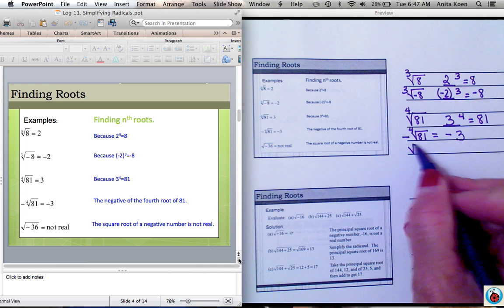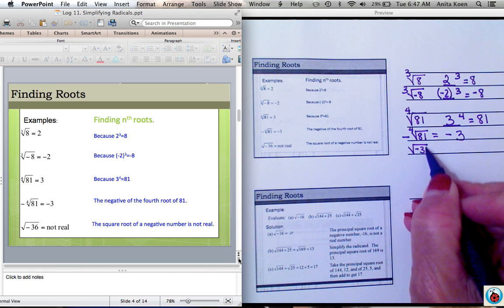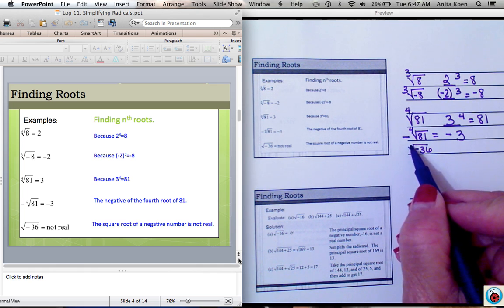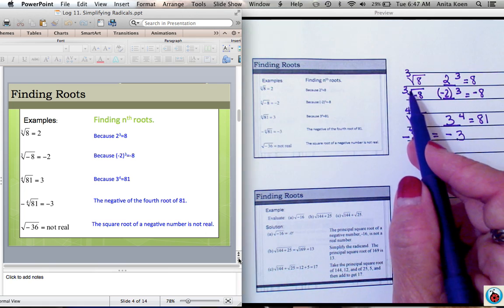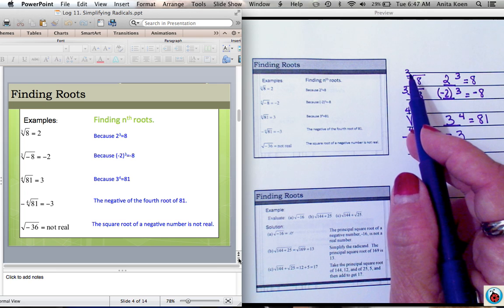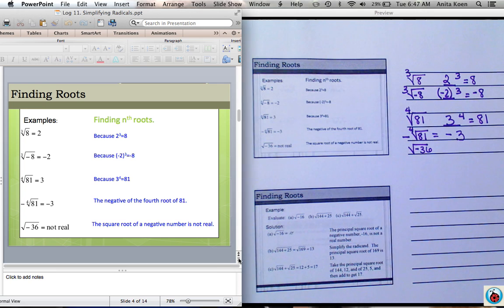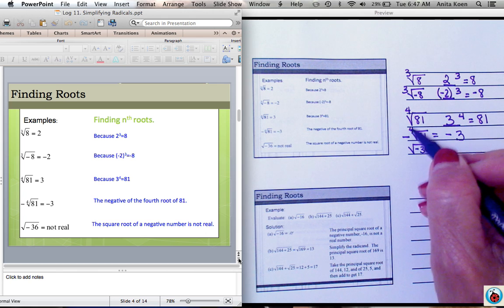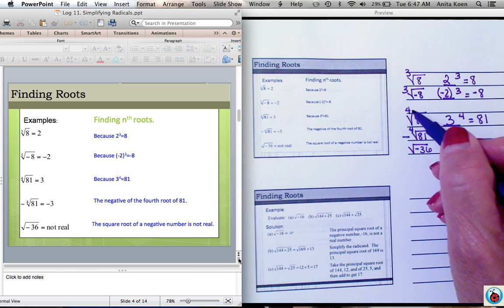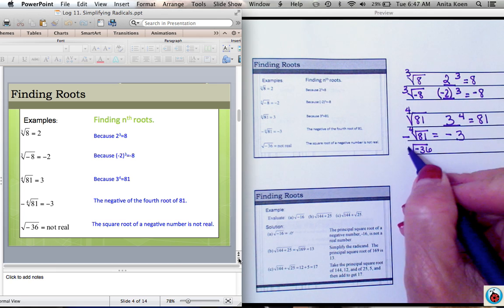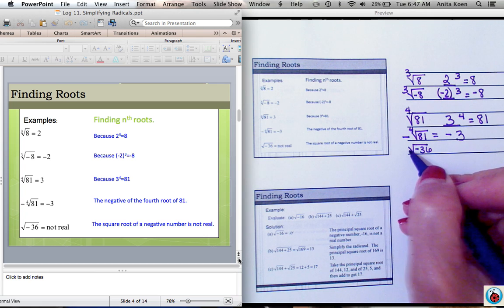The square root of negative 36. This little number right here is called the index. And if we write a number in there, like a 3 or a 4 or a 5, then we can see very clearly that the index is 3 in this case, and the index is 4 in this case. If it's not written, the index is understood to be 2.